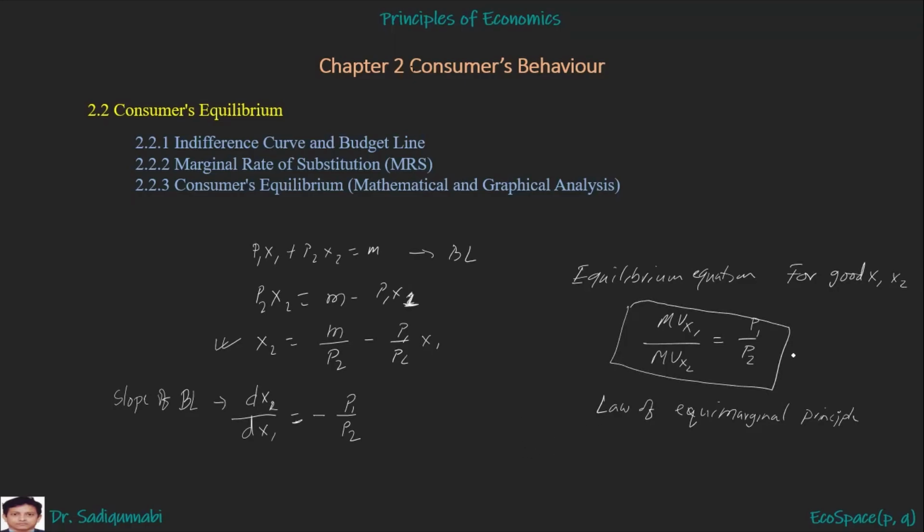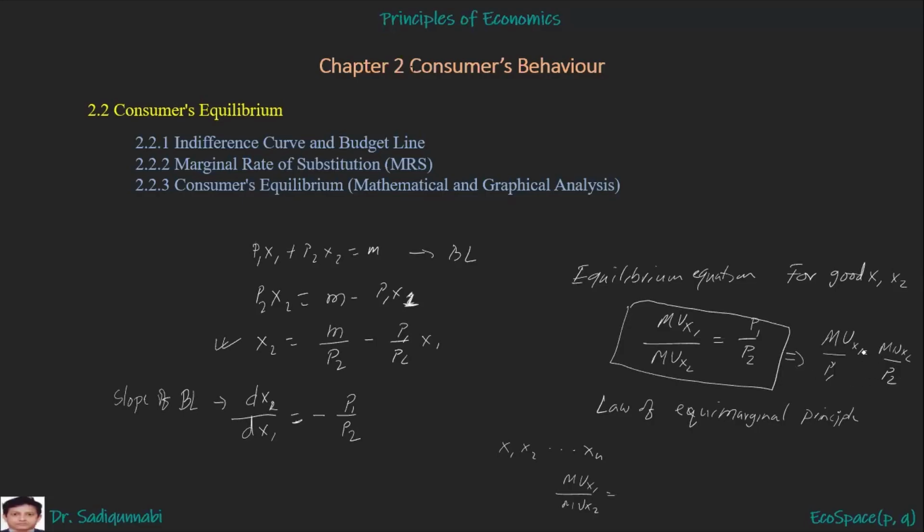Now this is a law because if x1, x2, up to xn, we can say that MUx1 divided by MUx2 equals, okay, so we can convert this beautifully into MUx1 divided by p1 equals MUx2 divided by p2.